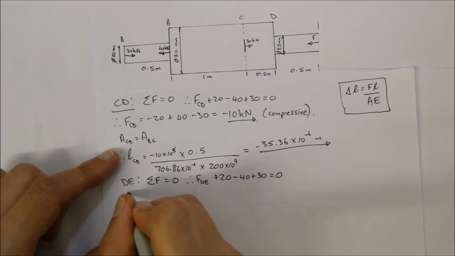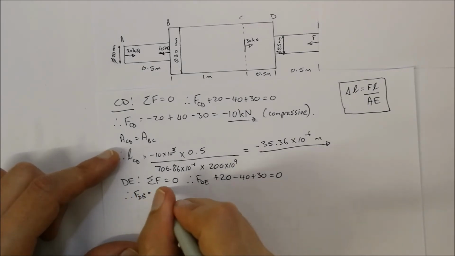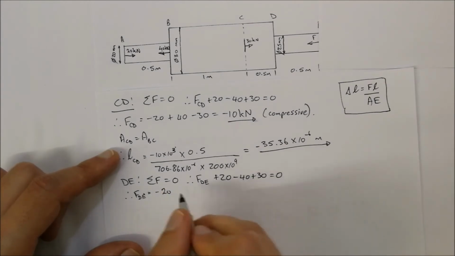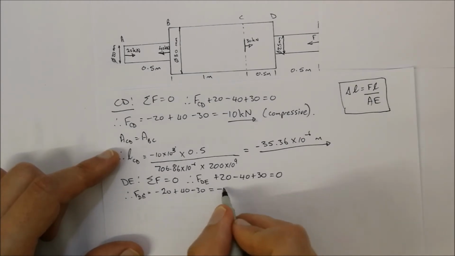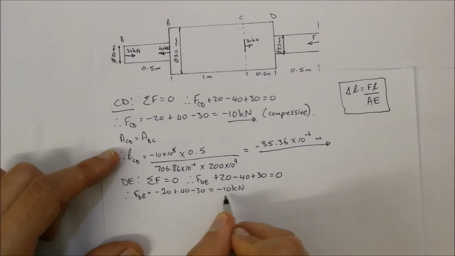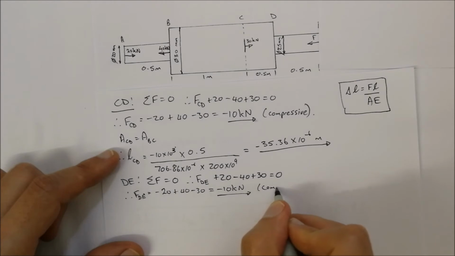So therefore the force of DE is equal to minus 20 plus 40 minus 30, and that is equal to negative 10 kilonewtons. And that tells us it is compressive.